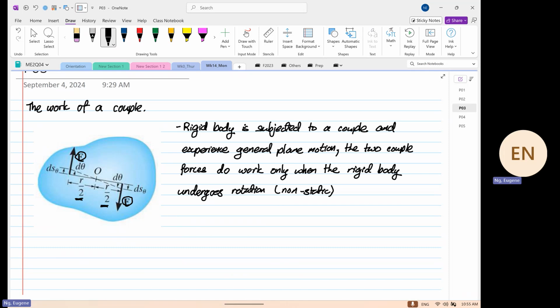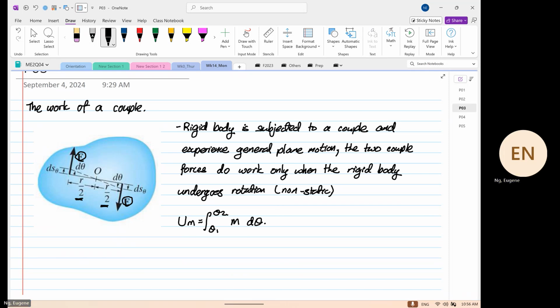For this case, it's a couple and rotating about 0, you're generating a moment, and you also have rotation. Then you are doing work. So the work of a couple moment is equal to the integration between the two limits of θ1 and θ2 of M dθ.